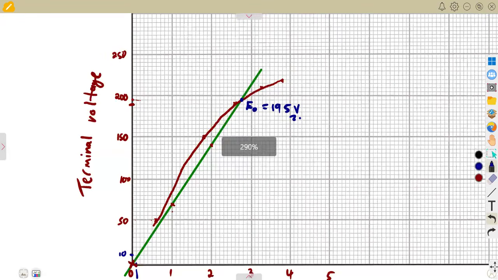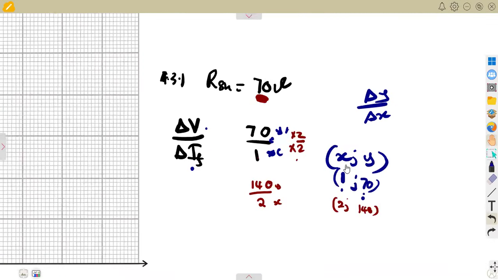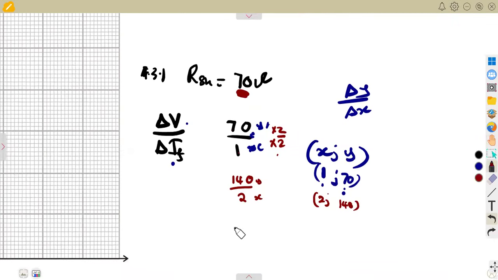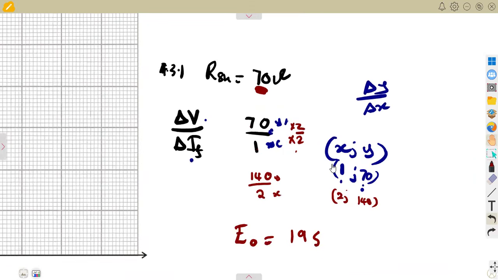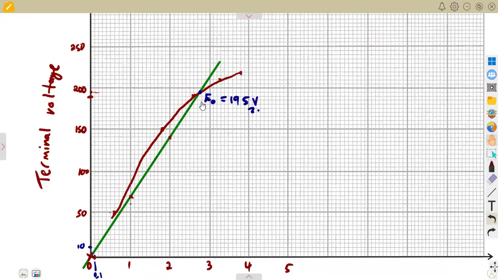So that is your E naught, which is the open circuit voltage at these conditions. So that is where that line is playing a role. So this is at 195. So the other thing is, are we going to have the 70 ohm? If we are at this point, I do not know. It's something like 196 there. So guys, the smoothness of the graph plays a role.